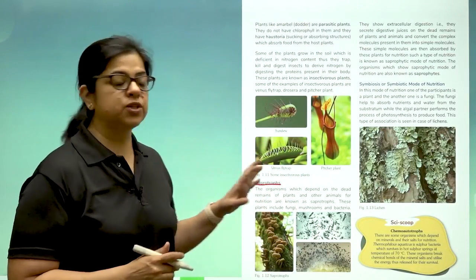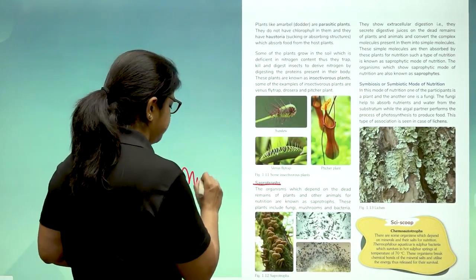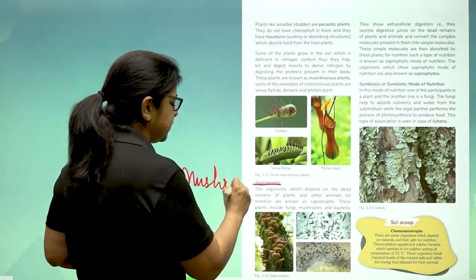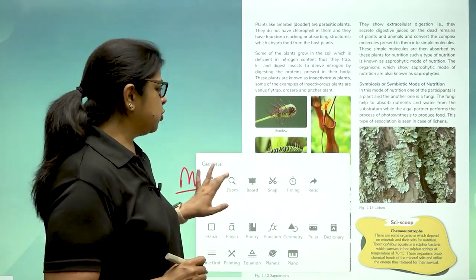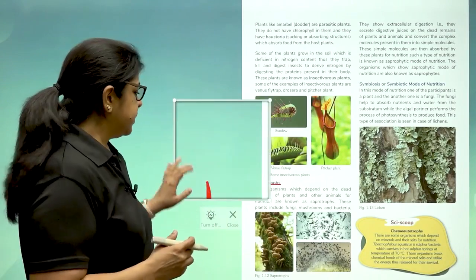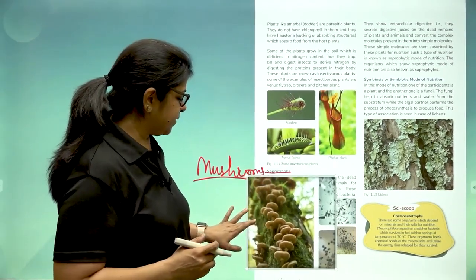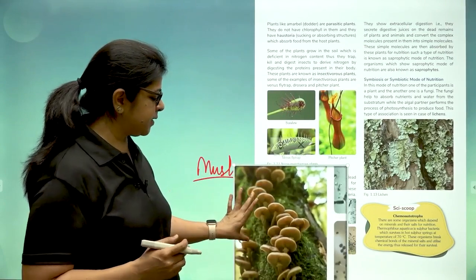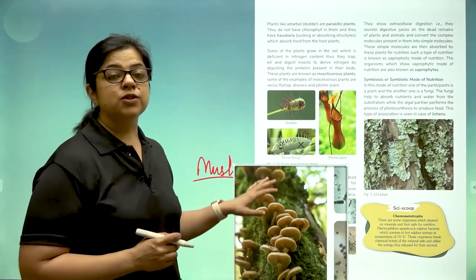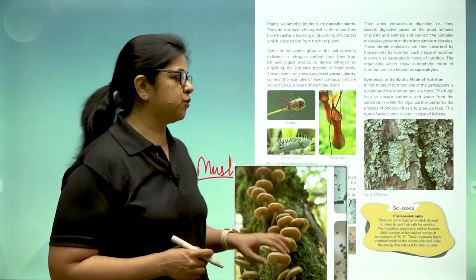Saprophytic mode of nutrition, as in case of mushrooms, as we sometimes see, these are little fungi that grow on dead decaying matter. They derive their nutrition from the dead decaying matter, as you can see in this picture. So this is saprotrophic mode of nutrition.